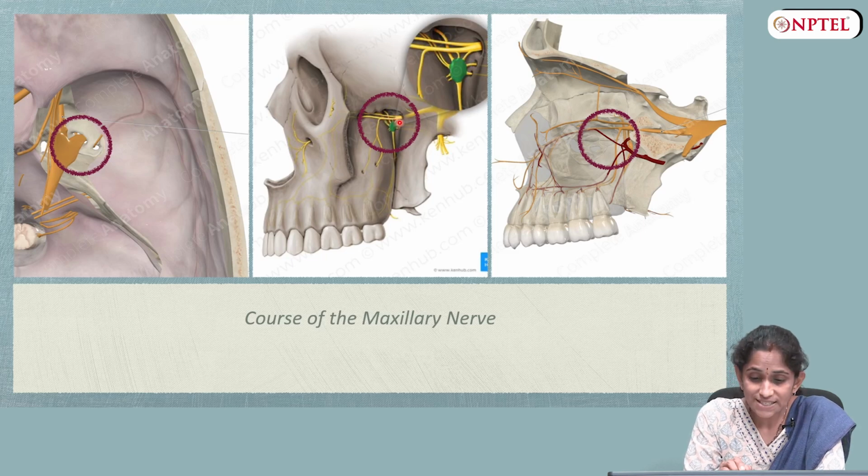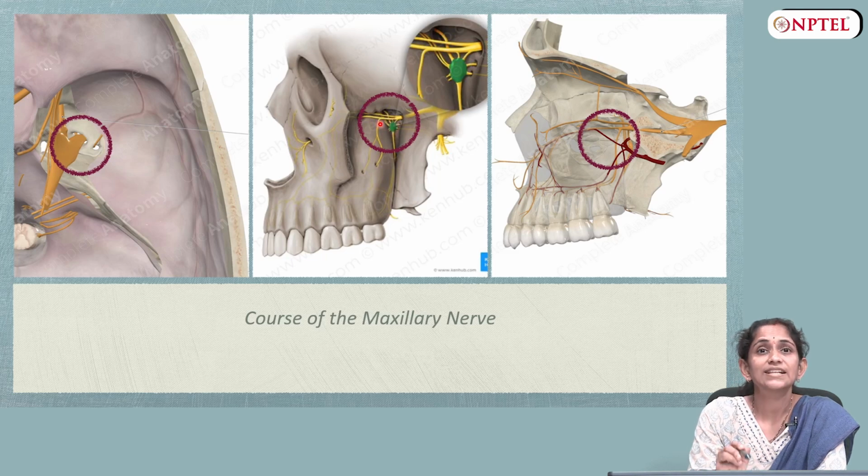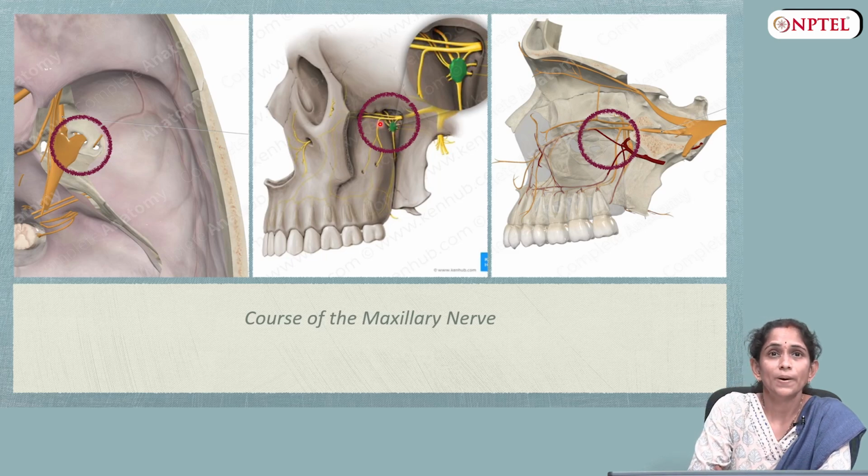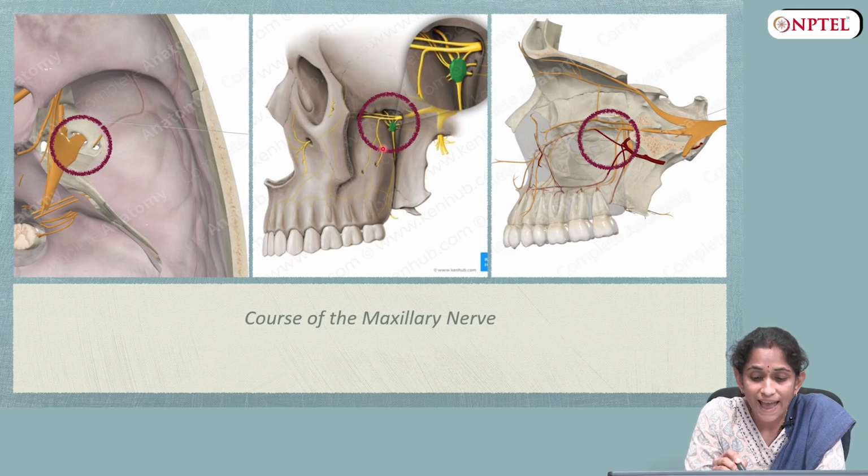Till this point, the maxillary nerve does not give out any branches. Once it enters the pterygopalatine fossa, it suspends the pterygopalatine ganglion, the one that is highlighted in green, through the ganglionic branches. After this, it gives out two important branches, the zygomaticofacial and the zygomaticotemporal.